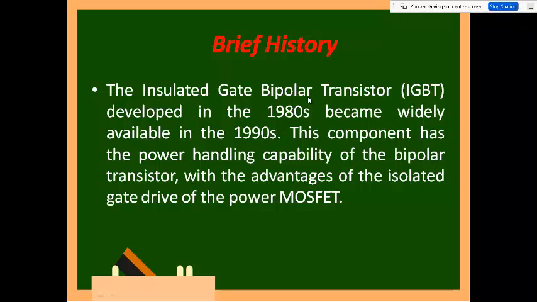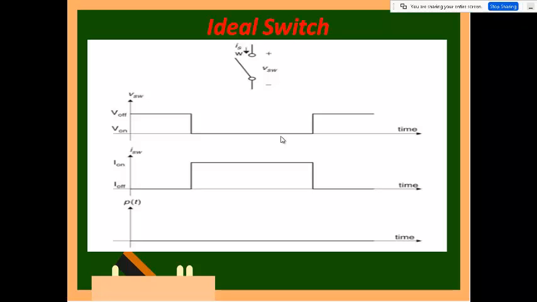This was developed in 1980 and widely available in the 1990s, and now IGBTs are used for all applications. So that is the briefing about the various types of power electronic devices used in converter circuits.